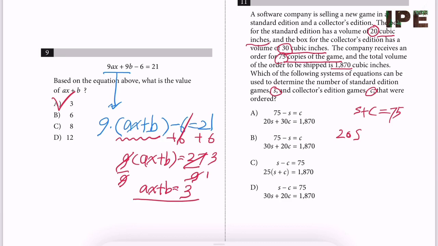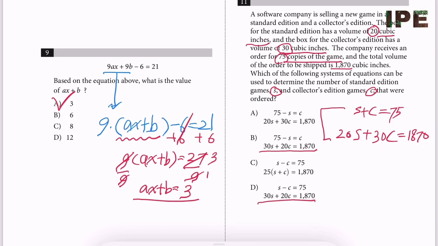And then for the collector's edition games, one game box volume is 30 cubic inches, and they order C games, so 30C. That is the total amount of volume, 1870. Okay, this is right. Only this one has 30S, oh yeah, another one here.